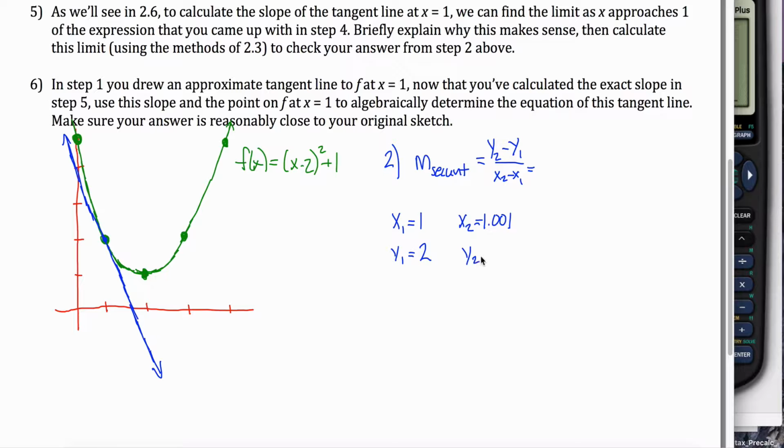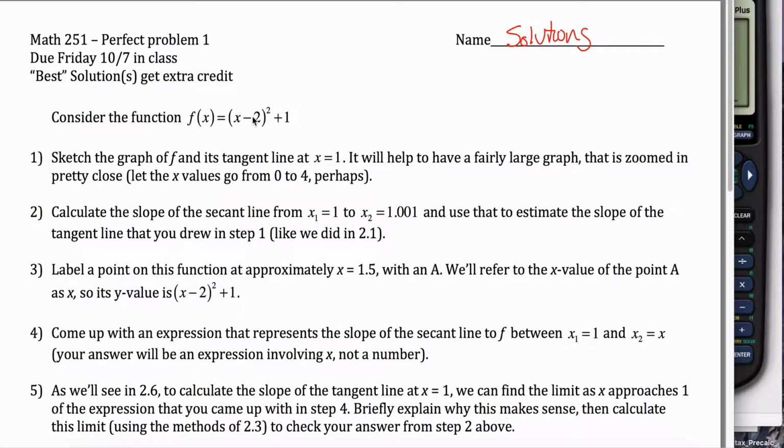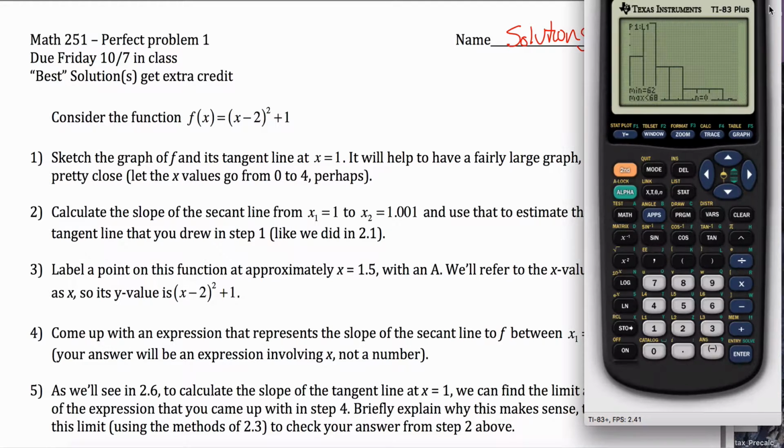So to find the corresponding y value for that, I can take 1.001 and subtract 2 from it, and then square it, and then add 1. That sounds like something that a calculator will help with. So let's do that. I got 1.001, I think is what I was supposed to start with. Subtract 2, square that thing, and then add 1 to it.